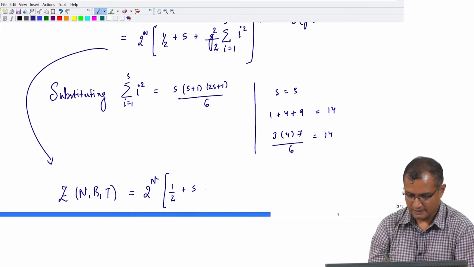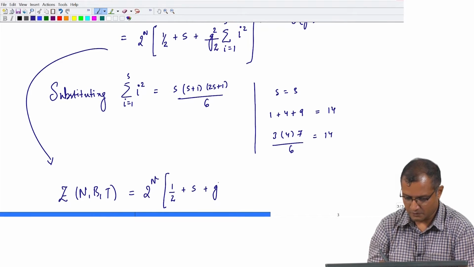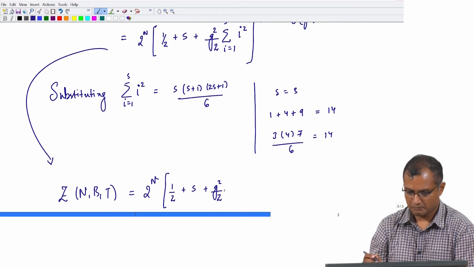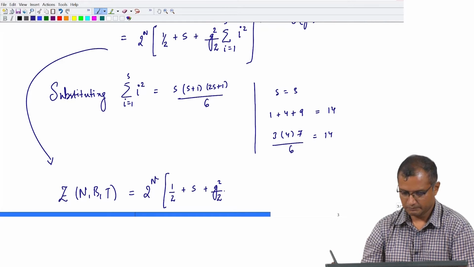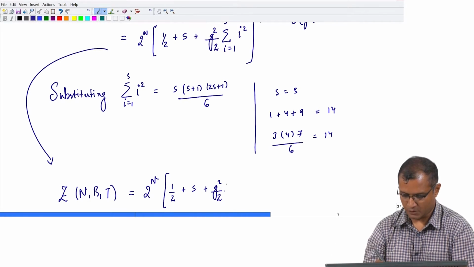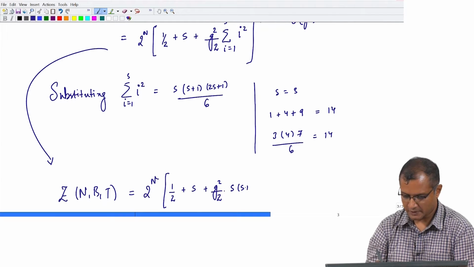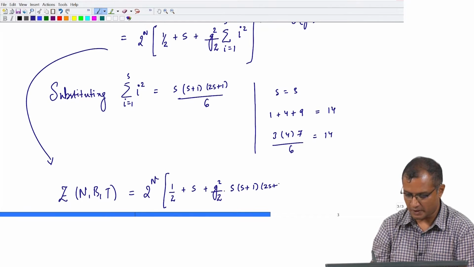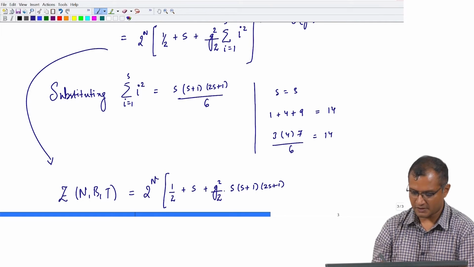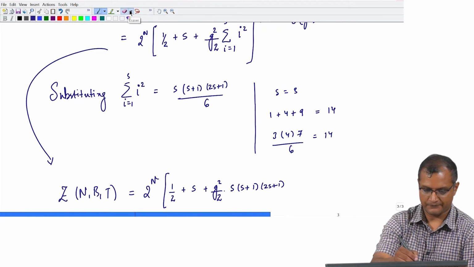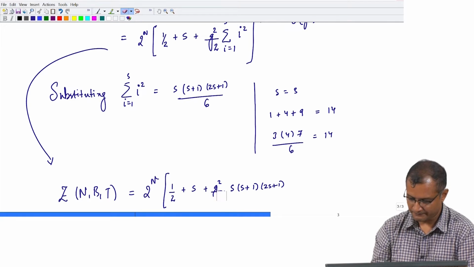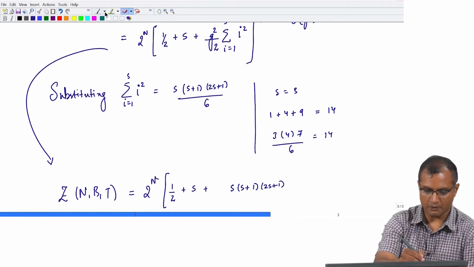Plus s plus g square by 2 into what I have just cooked, s into s plus 1 into 2s plus 1 by 6. So, 6 into 2 is 12, so this is g square by 12.